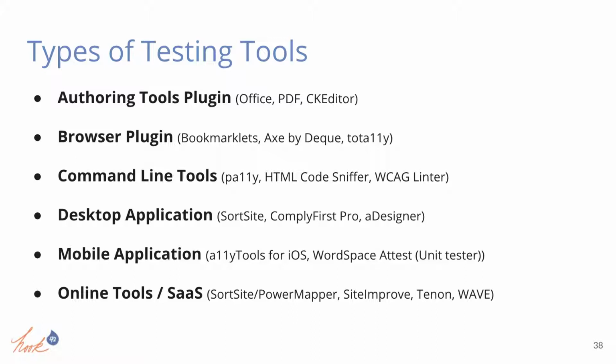Okay, but then there's also some desktop applications, right? And I've used one for years and years. It's the Power Mapper SortSite, because you can install it on your machine, and sometimes it's only like for Windows or whatever.